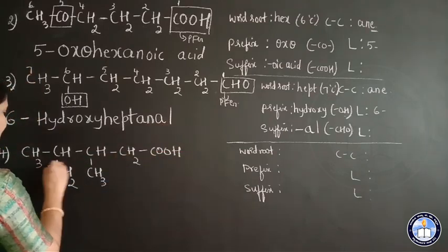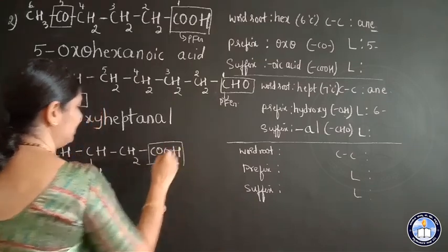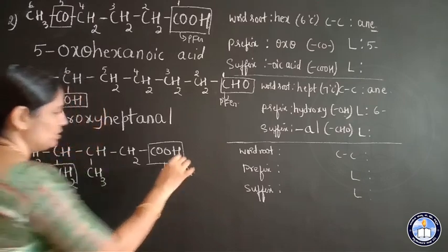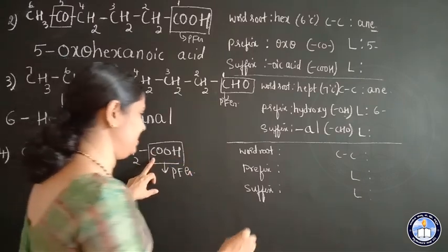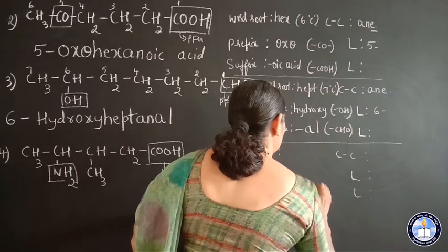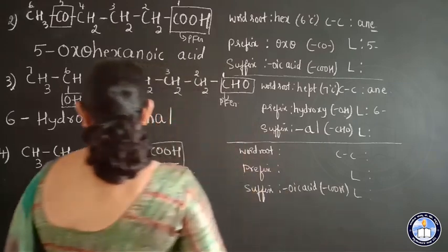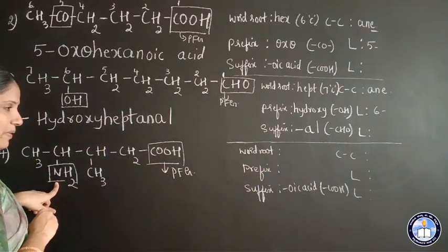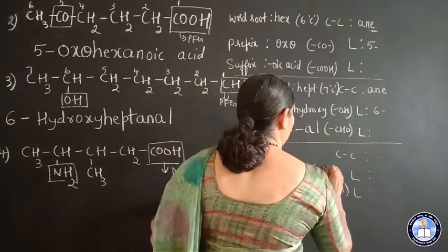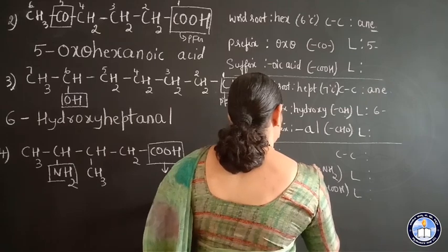Now next, here NH2 is one functional group and COOH is another functional group. COOH is the principal functional group, so its name is the suffix, that is oic acid. NH2 will be named as a prefix, and the prefix is amino.